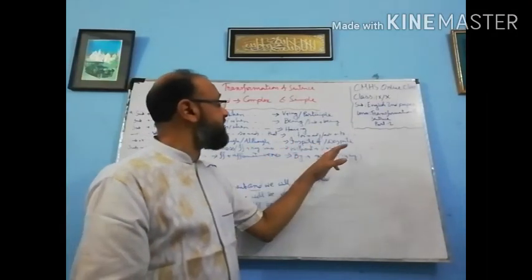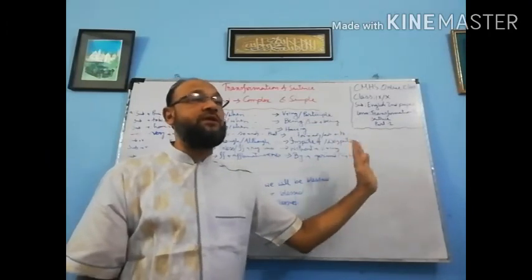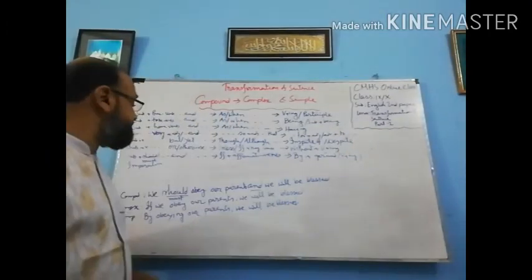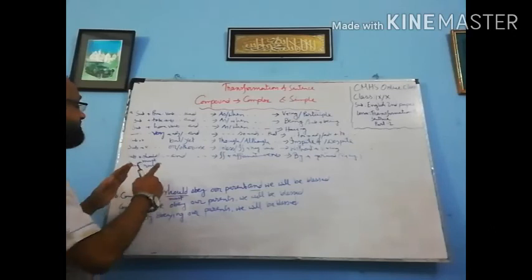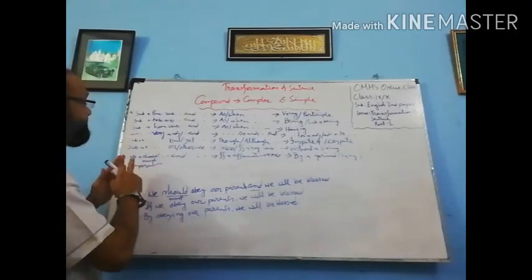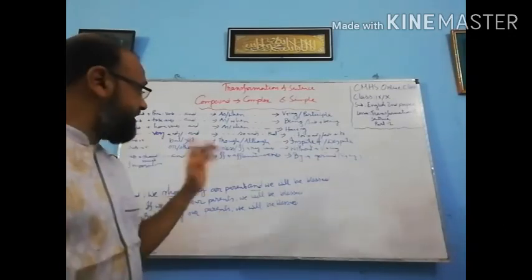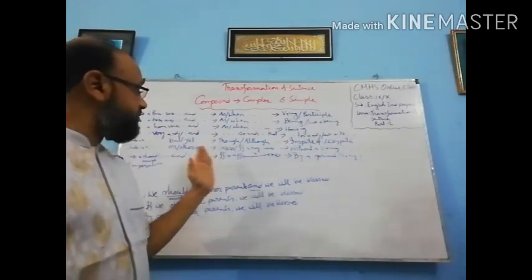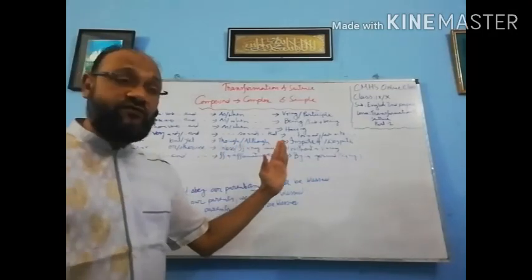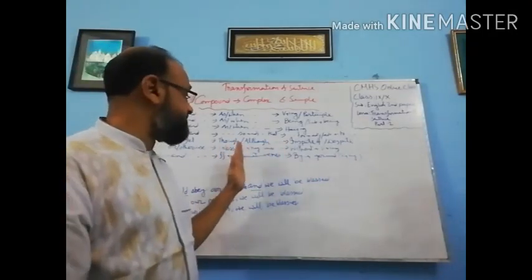And we can make it simple using without plus gerund, that is without plus verb plus ing. And if we get a sentence using imperative plus and, or subject plus should or must plus and, like that one, we can make it complex using if plus subject plus affirmative verb.